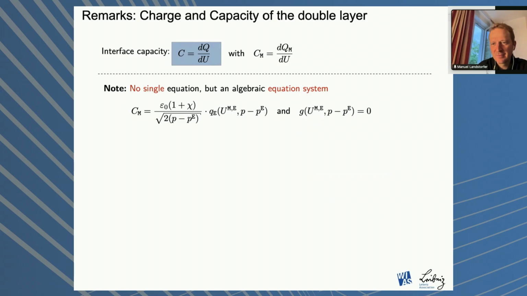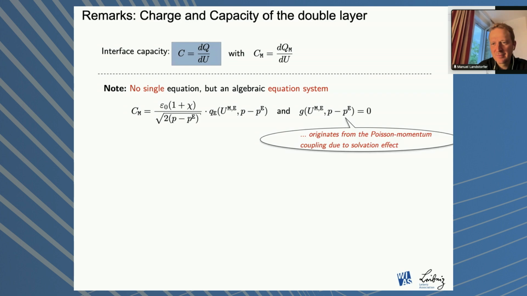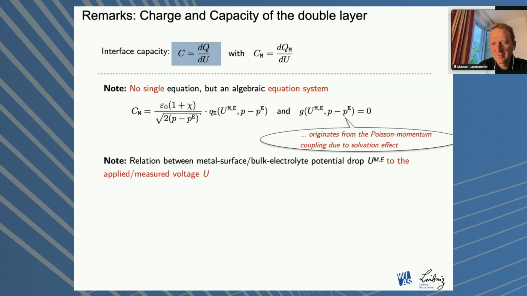This originates from the fact that also on PDE level, the Poisson equation and the momentum balance do not decouple. And in terms of their root functions, the capacity and this G function are not explicitly solvable. But numerically, you can, of course, straightforwardly solve them.